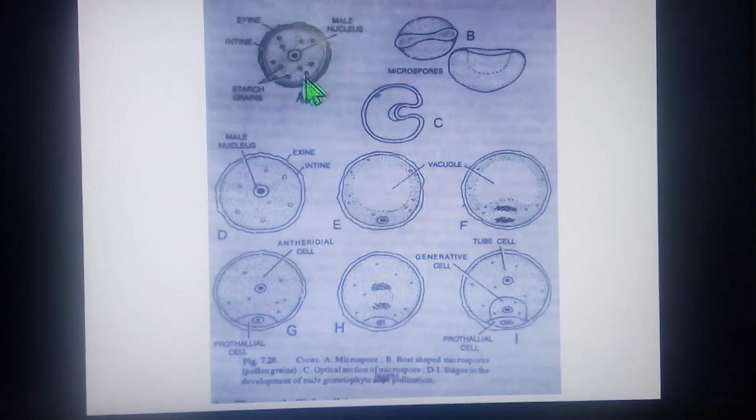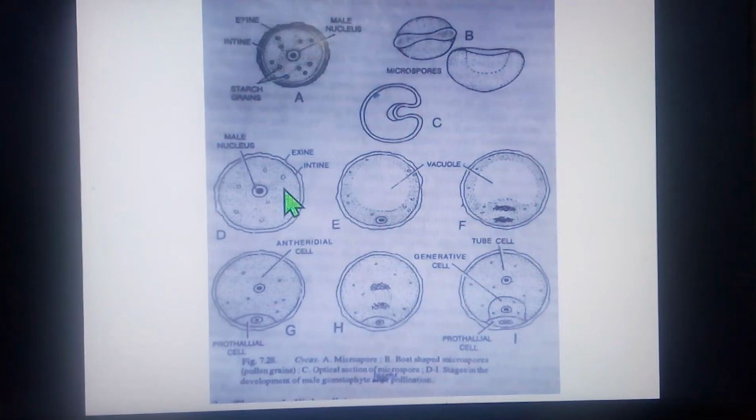Each microspore germinates in situ, while still enclosed inside the pollen sac of the microsporangium. If you take a look at this figure, first a big central vacuole appears at the center of the spore.